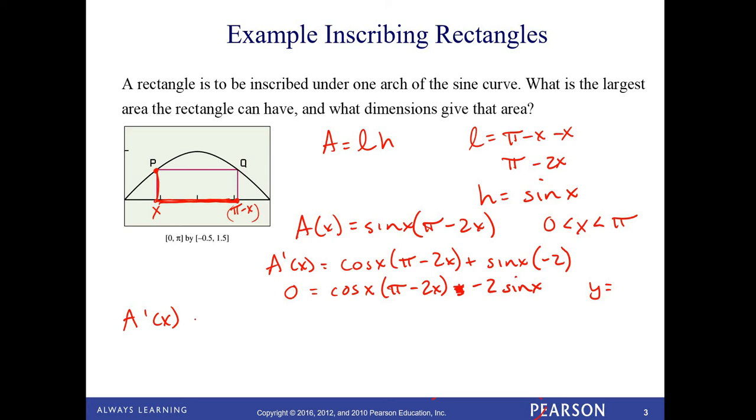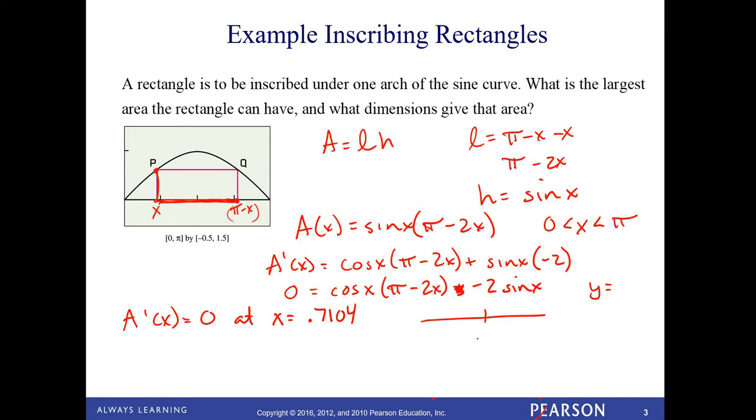So A prime of x will equal 0 at x equals 0.7104. And there's another one, but it's not within our domain. So for any x value of 0.7104, we will have a maximum area.